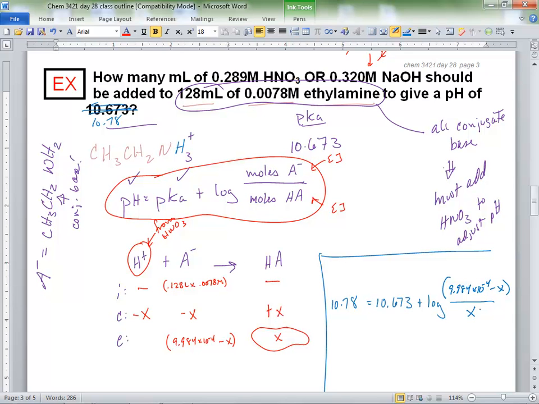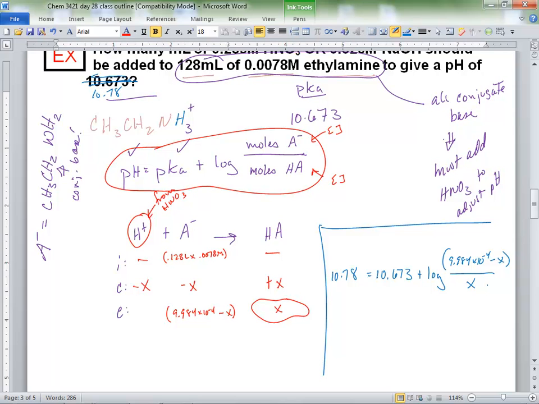Now, I've never done the math to see if I can cheat on this and drop the x. I've always solved them out the long way. So if someone wants to cheat and drop the x and see what you get, then we'll compare it to the other way. Let's solve it. So how are you going to solve for x here? I suppose bring this over to the other side. Raise both sides to the what power? To the 10. Solve for your x.